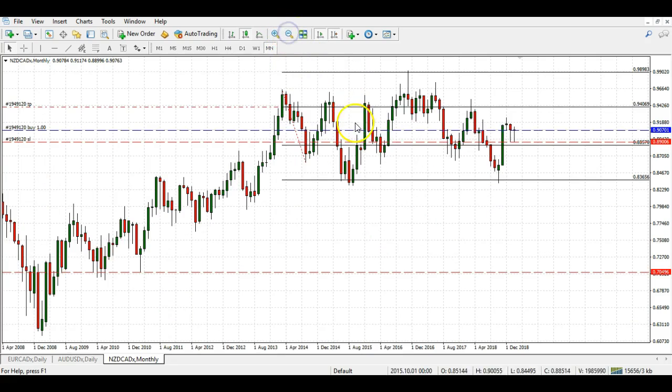Now, let me show you a couple of interesting things. That 9070, every time price was trying to break that key level, we had a pretty spectacular reaction. Take a look. It started here, you can see it right here. Another pretty interesting reaction, you can see it right here with that spike, and also right here.